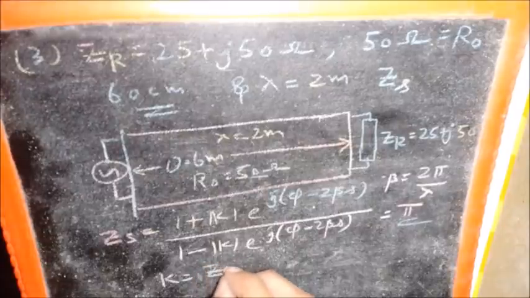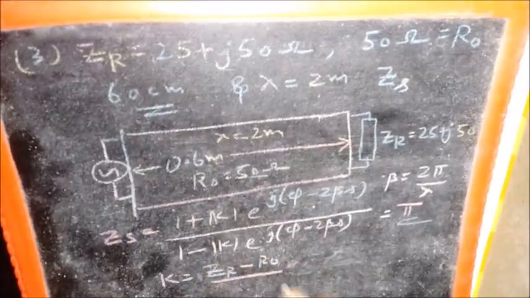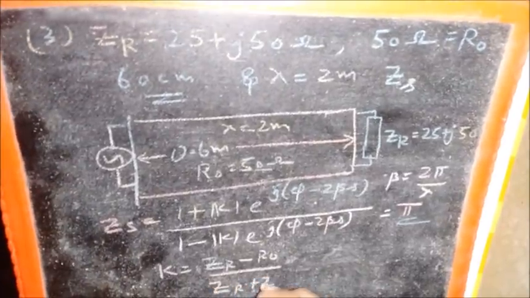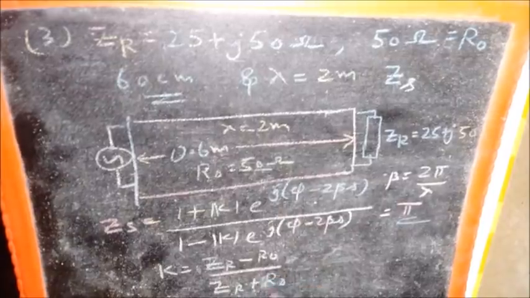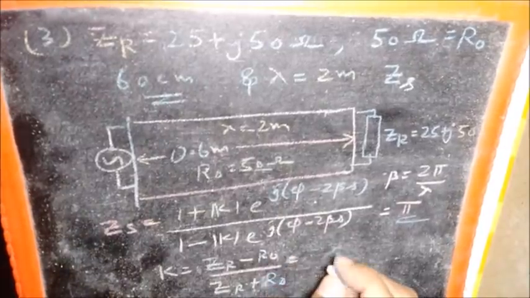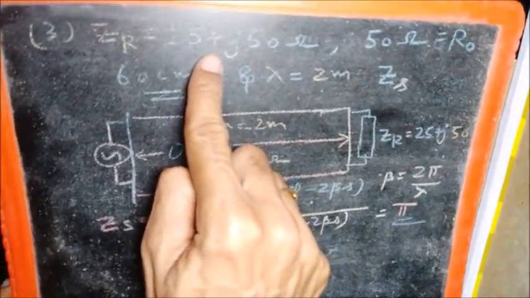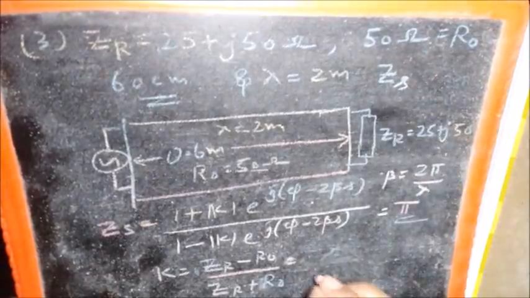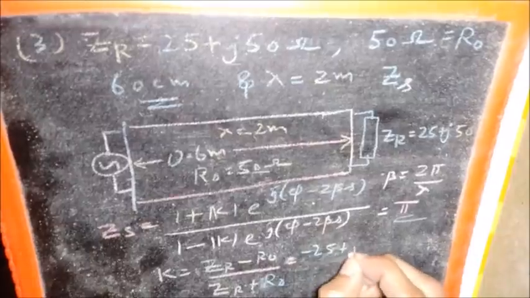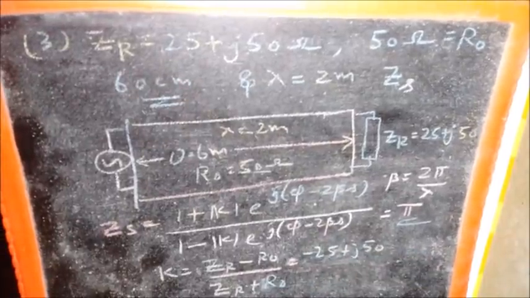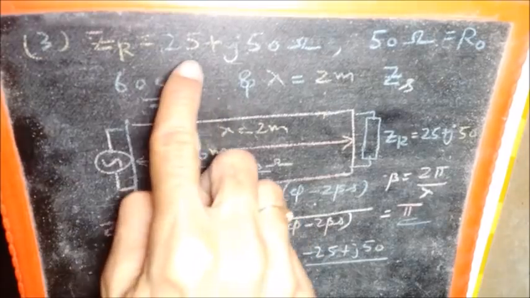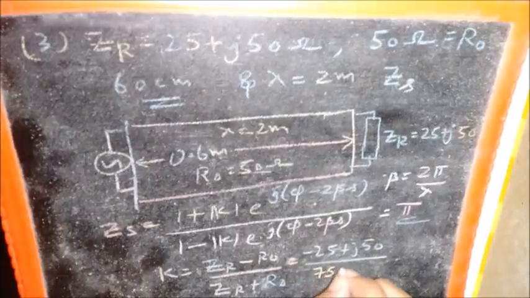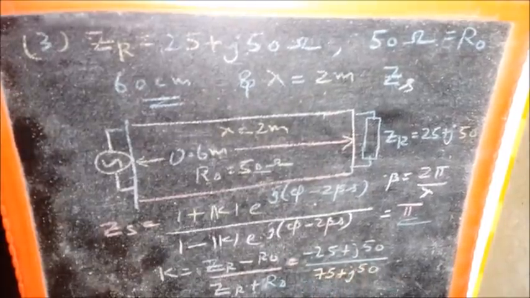And K, we know the formula: ZR minus R naught divided by ZR plus R naught. That is equal to 25 plus j50 minus R naught, where R naught is 50, so minus 25 plus j50, divided by ZR plus R naught, which is again this plus this, giving 75 plus j50.